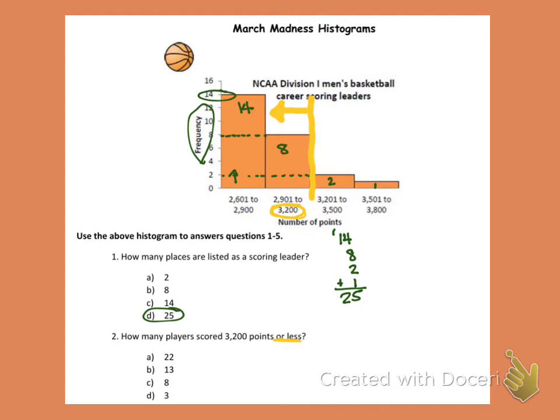That means it includes this interval and this interval, so we would be adding 14 plus 8. Again, 8 plus 4 is 12, carry your 1, and 1 plus 1 is 2. So our answer is 22.